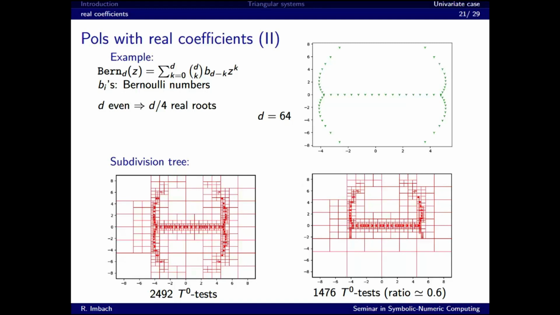Here, this polynomial, when d is even, has a quarter of real roots. So here are again the subdivision trees and the number of discarding tests. Here the ratio gained by the improvement is 0.6, so it's a bit less interesting than for Mignotte polynomials, but it still works.